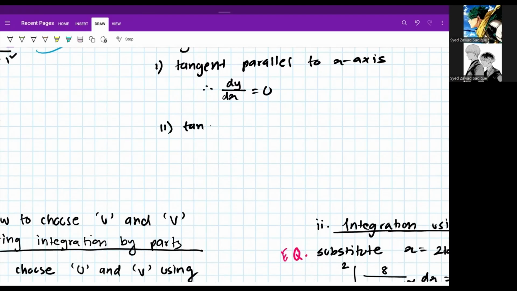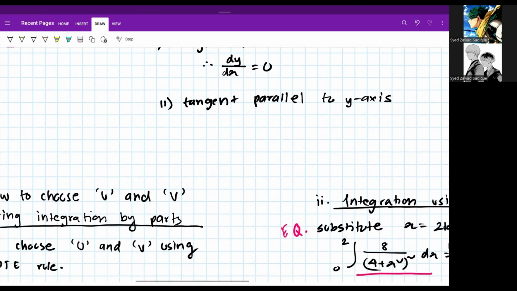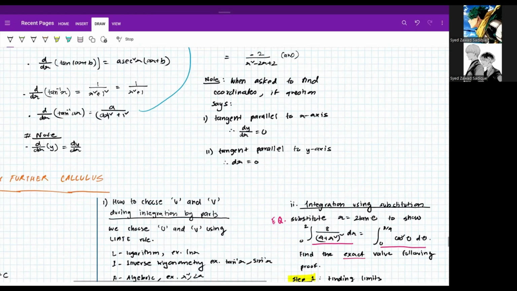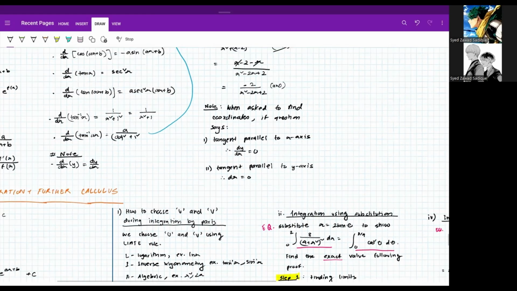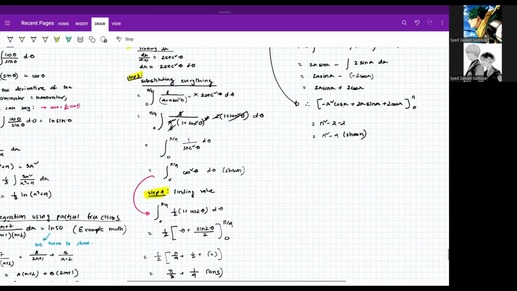If tangent is parallel to y-axis, the denominator dx is equals to 0. That's how you do it. So that's one more thing that I wanted to add, and I'll move to the example.